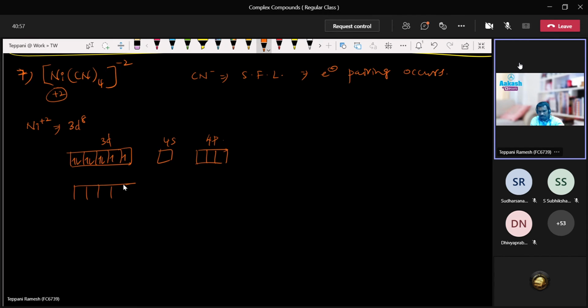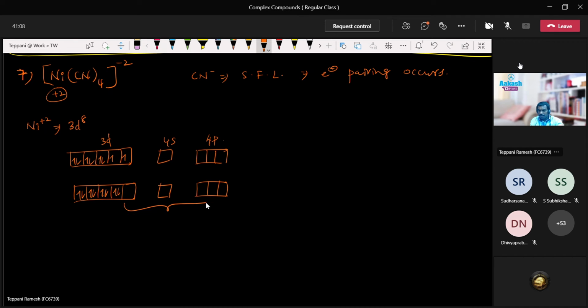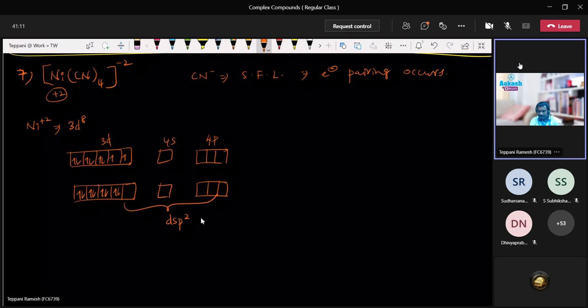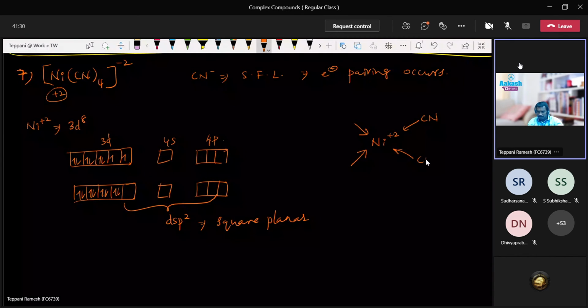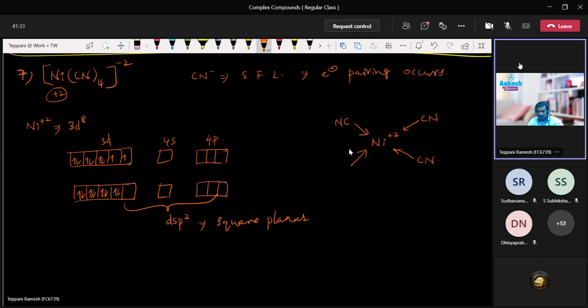Because it is strong field, so pairing takes place. dsp2 hybridization, square planar structure, 90° and 180° bond angles. n value 0, mu value 0, diamagnetic.